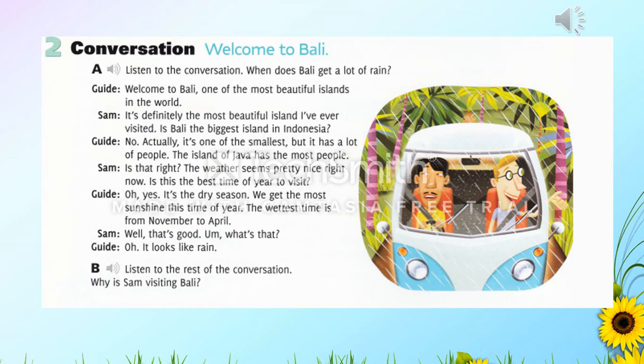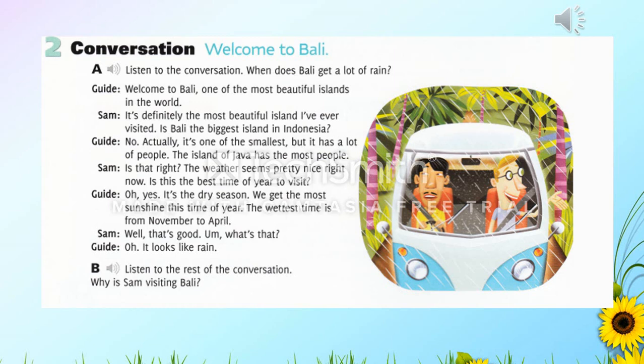Welcome to Bali. Part A. Welcome to Bali, one of the most beautiful islands in the world. It's definitely the most beautiful island I've ever visited. Is Bali the biggest island in Indonesia? No, actually, it's one of the smallest, but it has a lot of people. The island of Java has the most people.